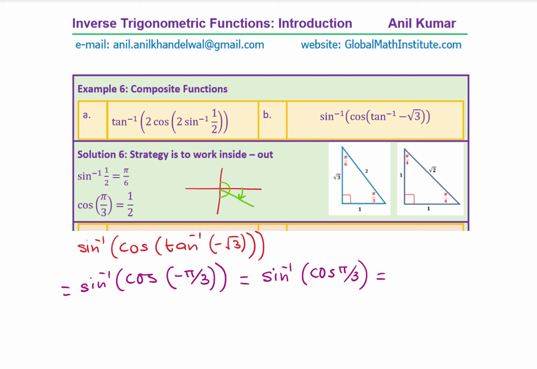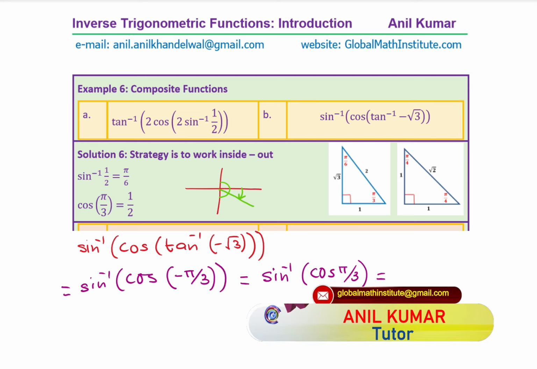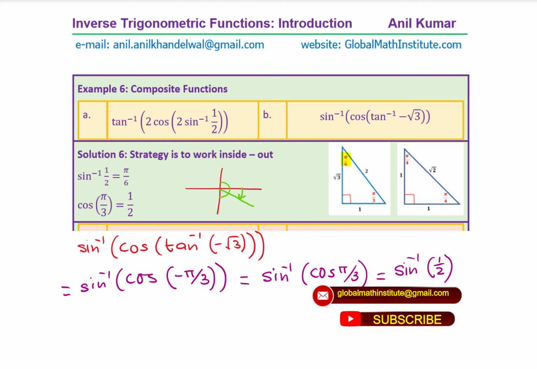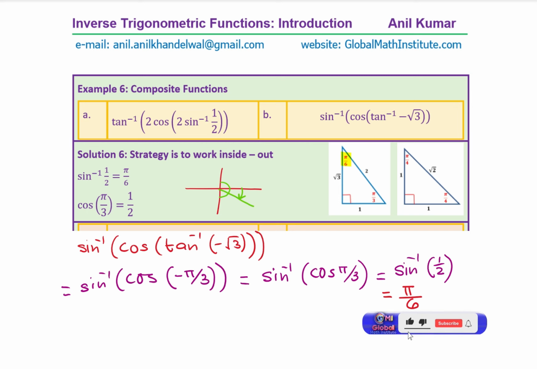What is cos of pi by 3? Cos of pi by 3 is half, and therefore we have sine inverse of half. Sine inverse of half is pi by 6, so we get this solution as equal to pi by 6. See how we go from inside out to get the solution. That is a very neat way of doing it.